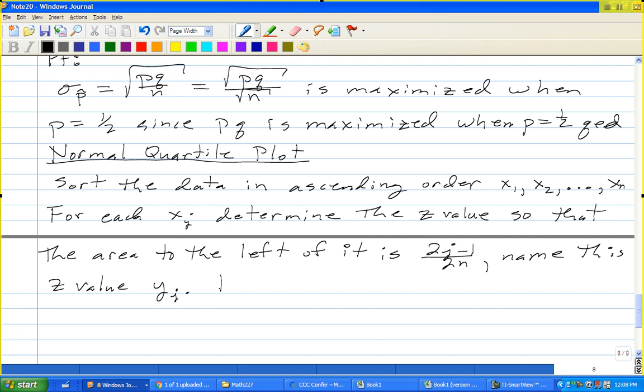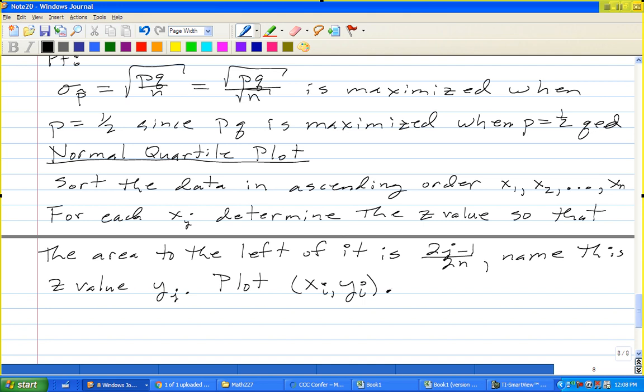Okay, so plot the points xj, yj. And that's called the normal quantile plot.